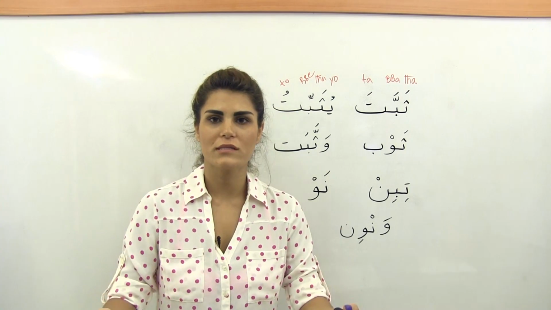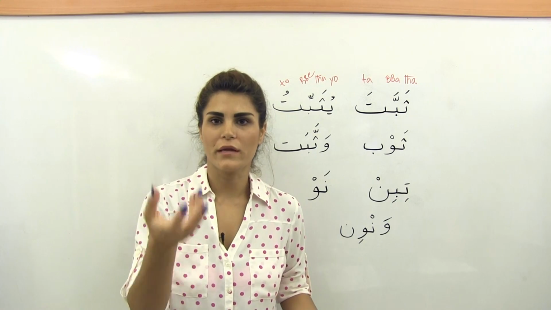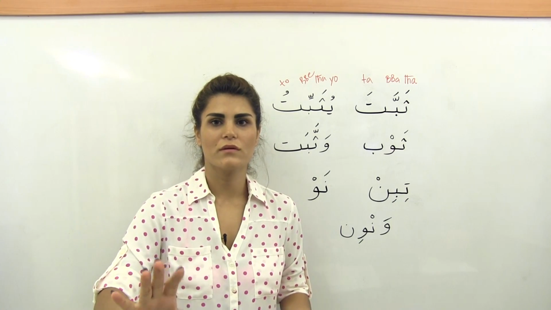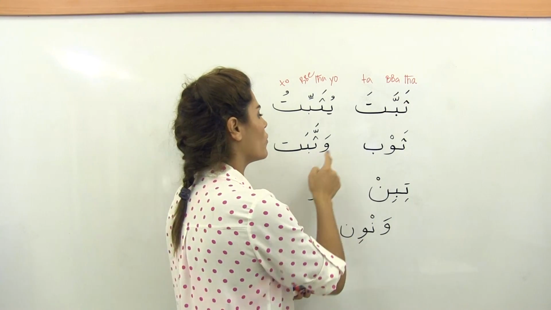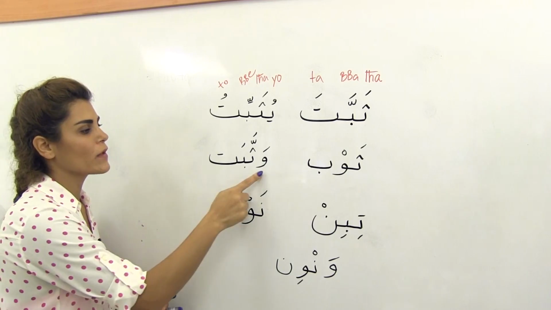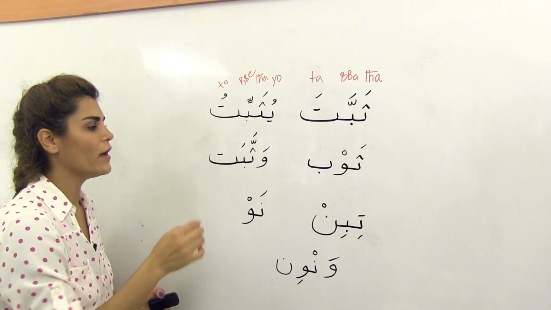Grammatically, when a word is located in a sentence, it has a grammatical role, but we're not going through this because we're not learning grammar, we're learning how to read, okay? So thawb.